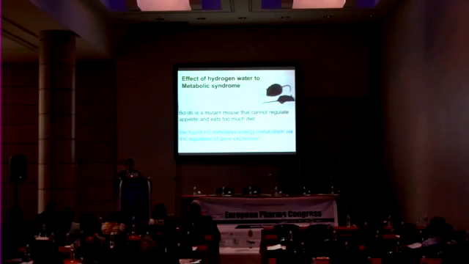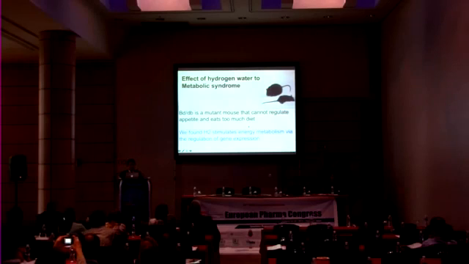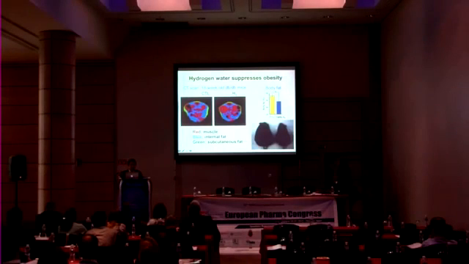As the obesity and diabetic model, we used the db/db mouse, which is a mutant mouse that cannot regulate appetite and eats too much diet, and then obesity and diabetes are induced. We found hydrogen stimulates energy metabolism via the regulation of gene expression. The mice that drank hydrogen water looked slim.